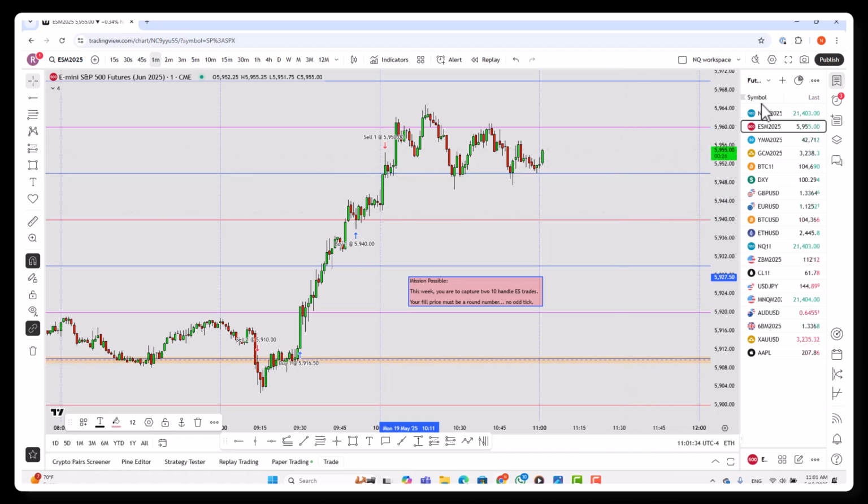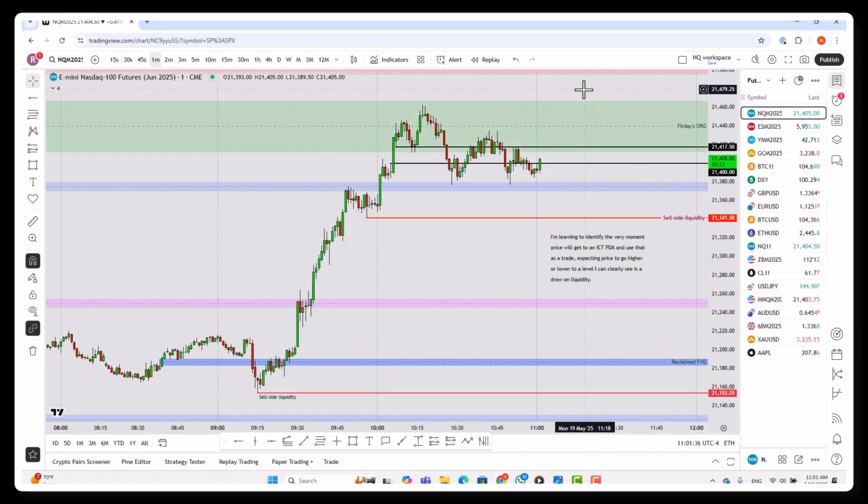Okay, it's about time to close. See, consolidation. So now they will learn an important lesson. When is price going to consolidate? When you have two fair value gaps next to each other, not too far away.